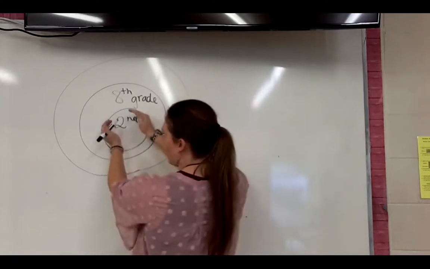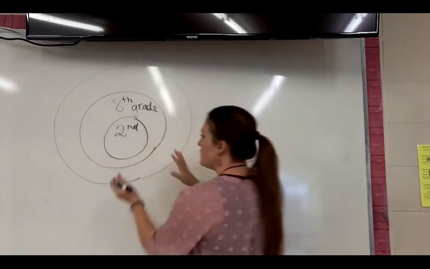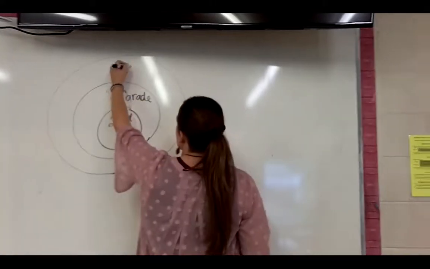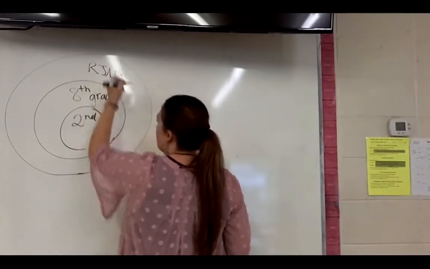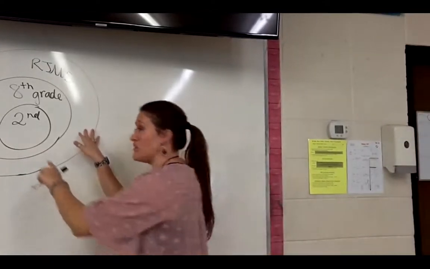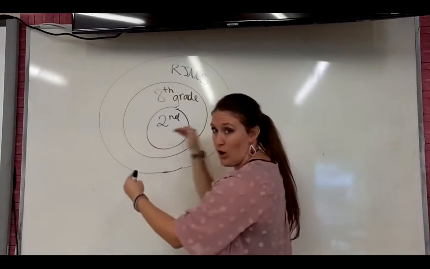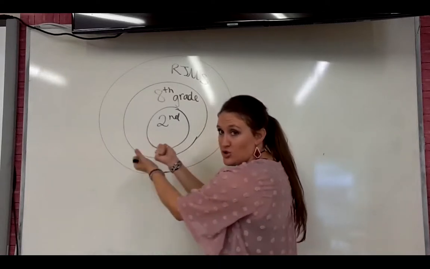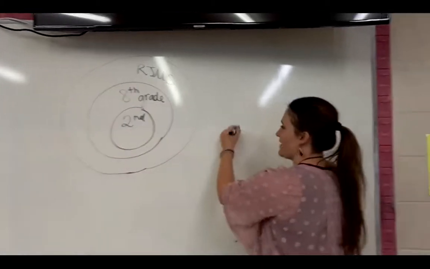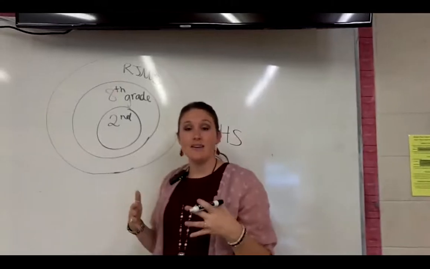But if you're in second hour, you're also in the 8th grade. Okay, so then this even bigger circle would be the middle school. Because you could be in 6th grade and be in here, but not be in the 8th grade or my second hour. So it doesn't go backwards, but if you're in the inside circle, you're in everything. It goes out. And then out here it could be the high school because it's not in any of it. So that's kind of how the Venn diagram works.